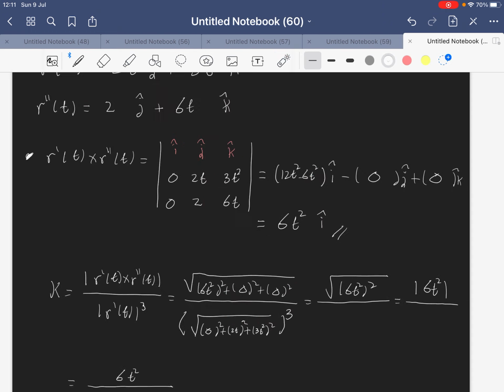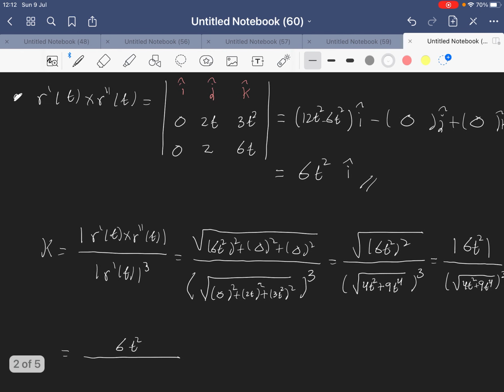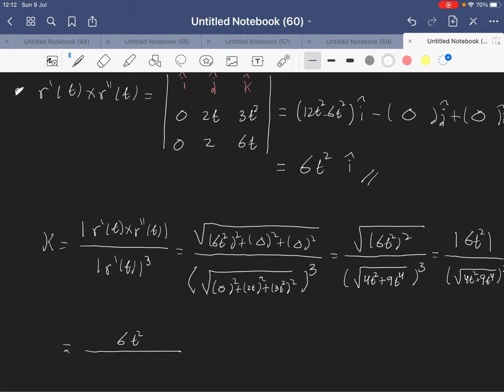Again, we keep the power 3 and the square root. If we simplify this one, this is 4t squared plus 9t to the power 4. We cannot really simplify it anymore. I prefer we just keep it as is, and that gives me the final answer here.